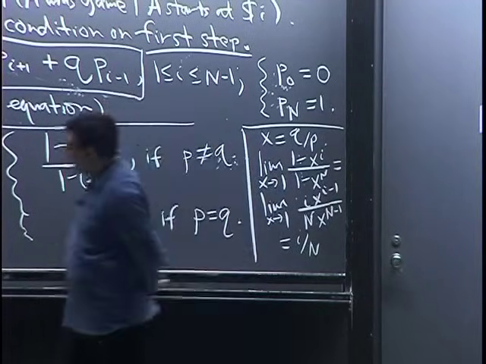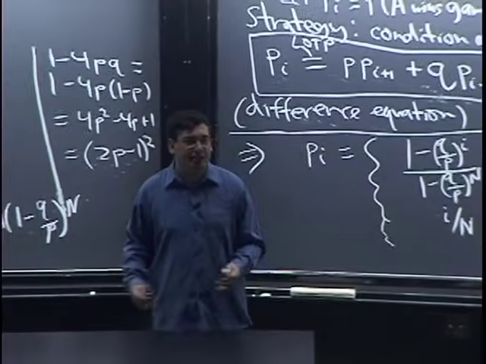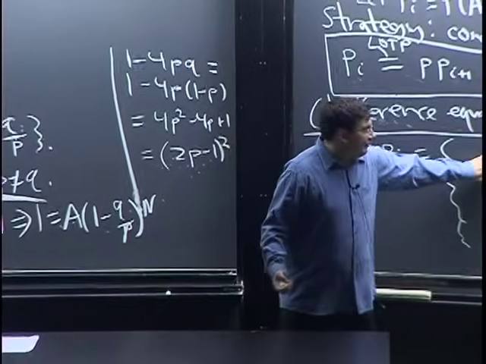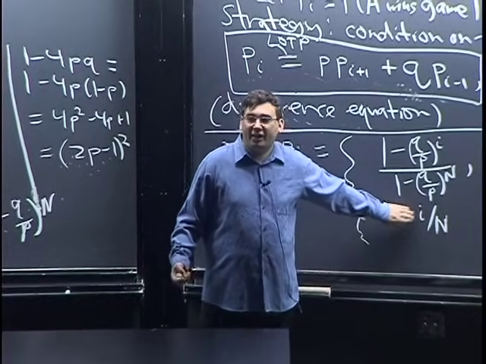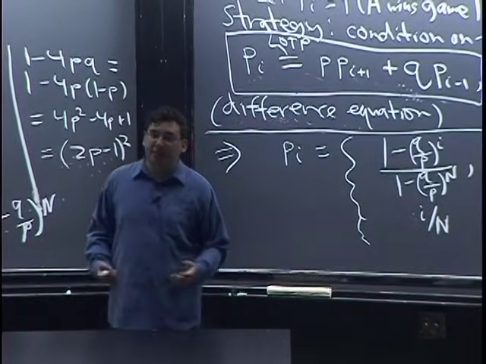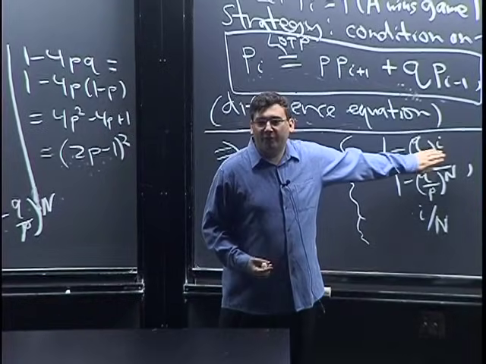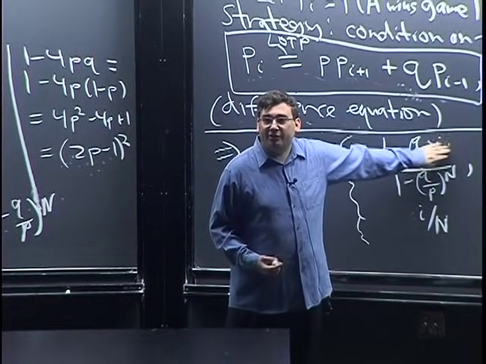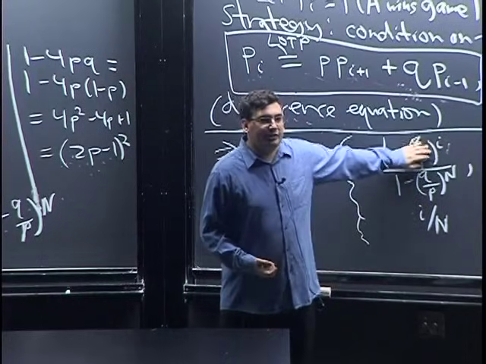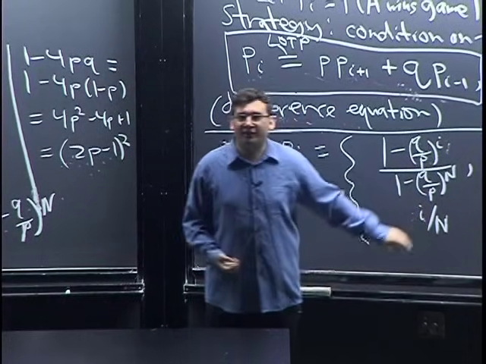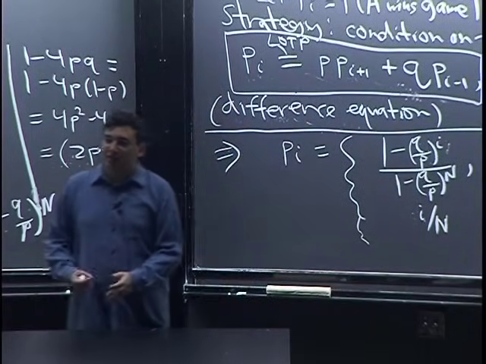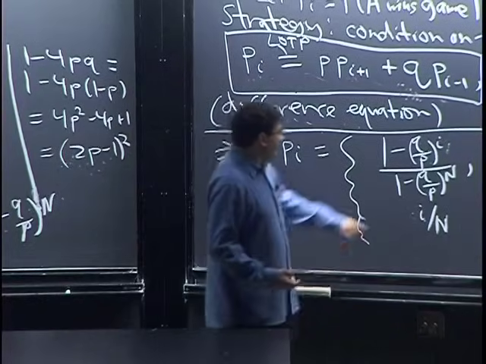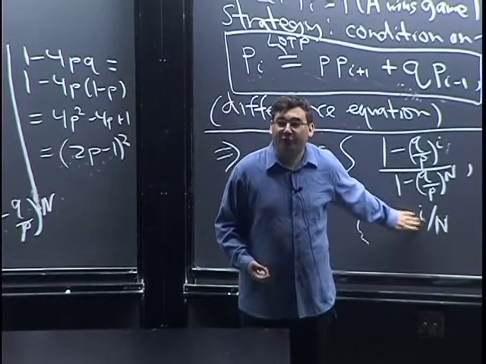Now, it could be that something very, very shocking happens, and the limit of this solution isn't this solution. Intuitively, it should be true that if you let the game get more and more fair, the unfair game solution should converge to the fair solution. So I would find it very, very surprising if this were not true, but that's not a proof.